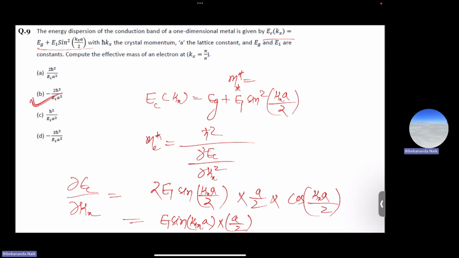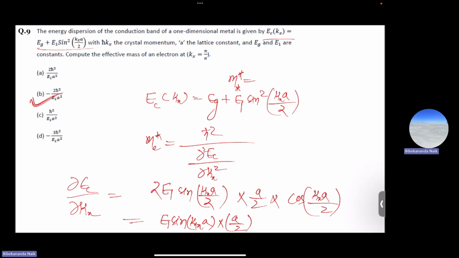So here you see the effective mass can be negative also. When an electron moves in free space, or the free electron, we can say, then the mass of the electron remains constant, which we all know, that is 9.1 times 10 to the minus 31 kg. But how the electron behaves inside the crystal, depending upon its position, the mass of the electron can be positive or negative.